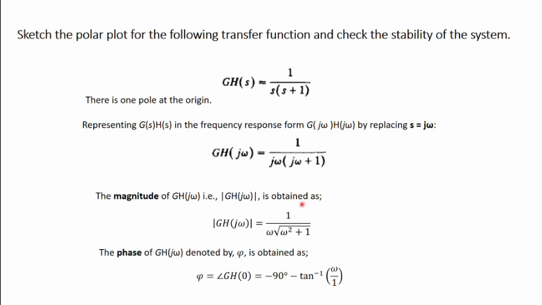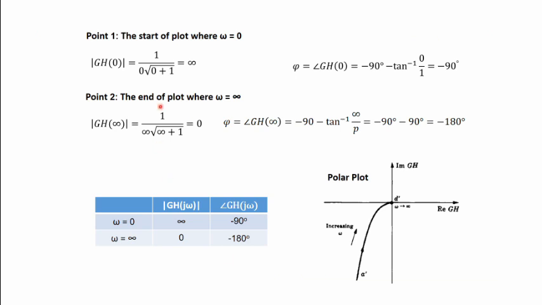Now G of s H of s is 1 upon s into s plus 1. We can represent it as the sinusoidal transfer function and find the magnitude and the angle. Then we have to draw the Nyquist plot of GH, that is nothing but the polar plot in this case.